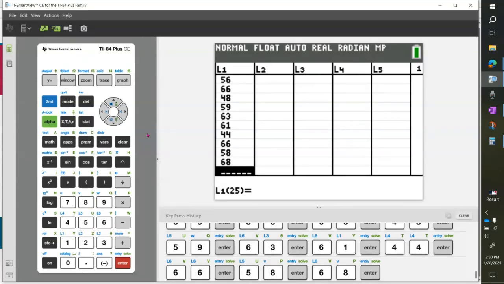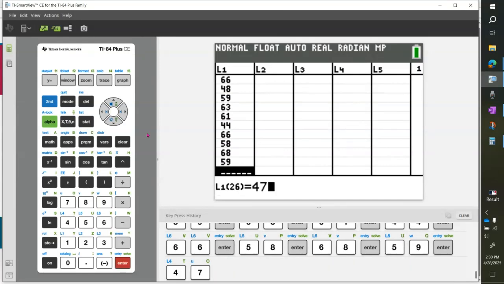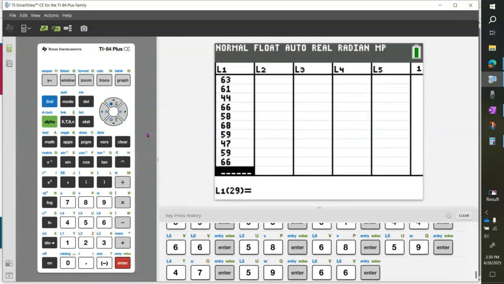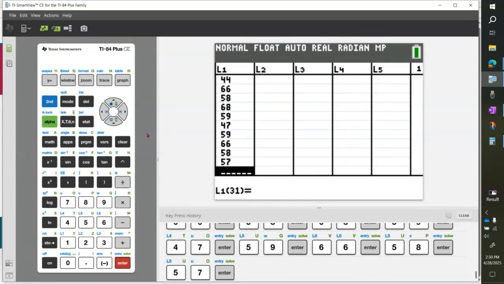And then we have 59, 47. And then we have 59, 66. And then we have 58, 57. And then we have 58, 66.